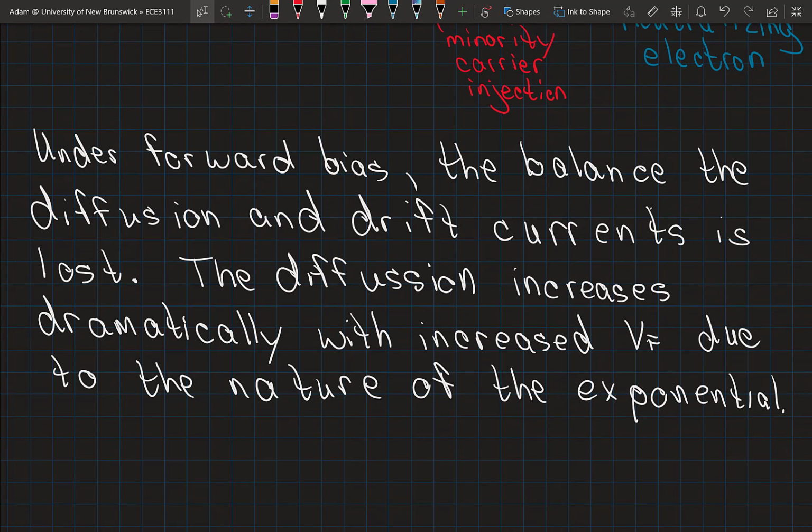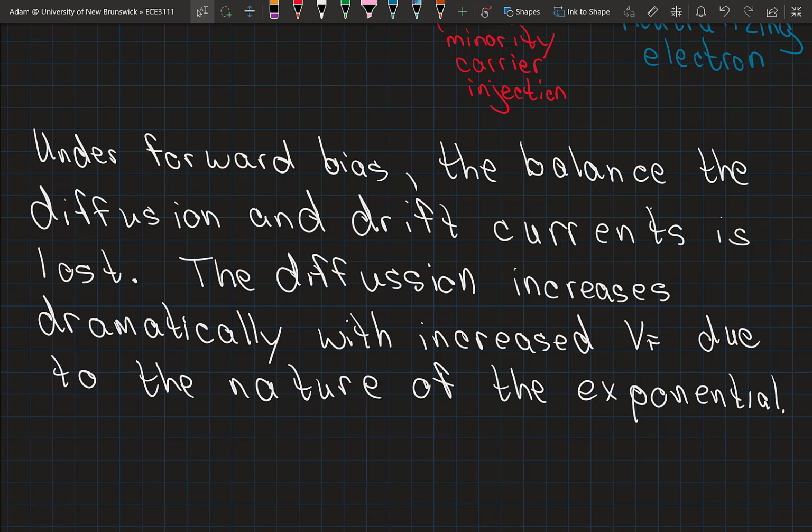Okay, so hopefully that gives a little better understanding of why current flows and why it changes from the zero bias case when we put a PN junction under forward bias.